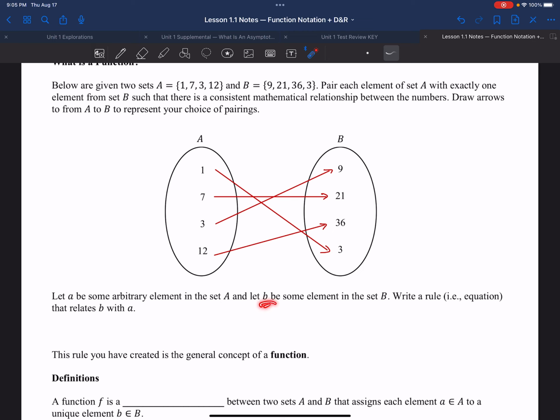And then we'll let b be another element in B. Notice, right? Little a in capital A, and little b in big B. And we say, write a rule or an equation that relates b with a.